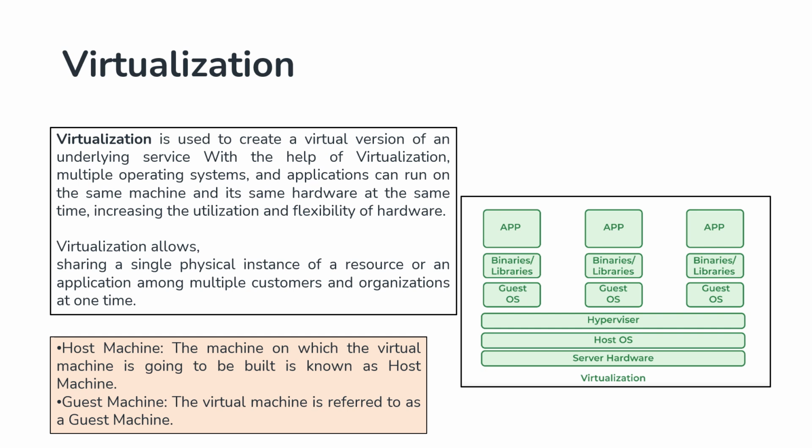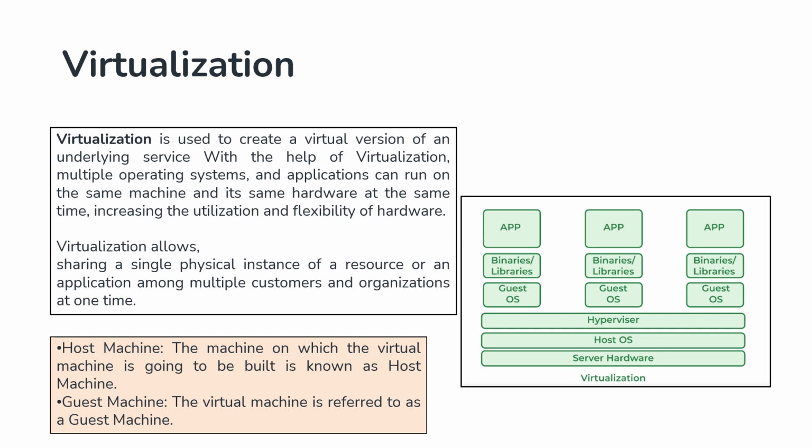Virtualization allows sharing a single physical instance of a resource or an application among multiple customers and organizations, one at a time. So many applications can run at a time because of the virtualization concept.